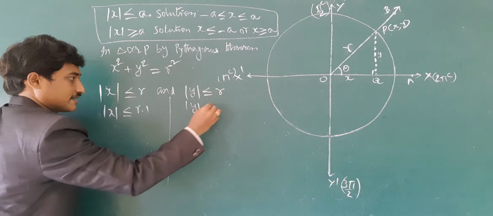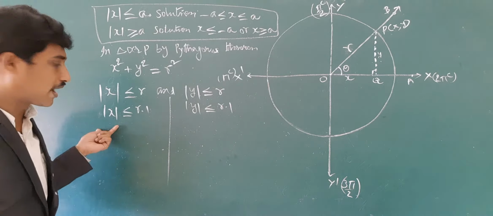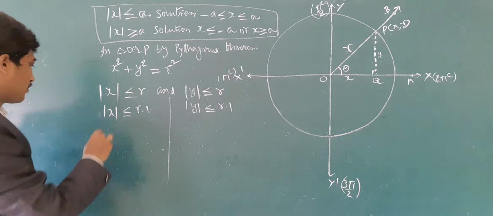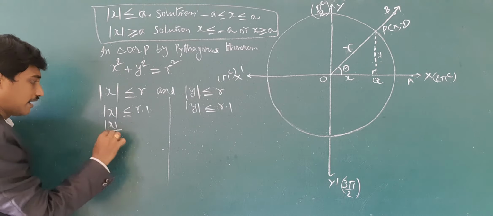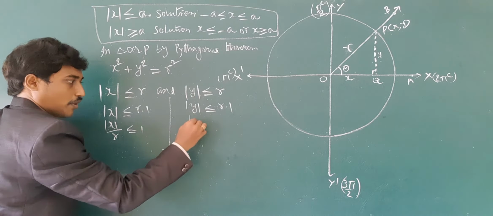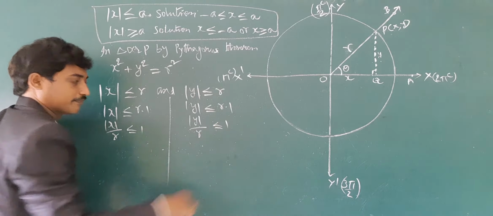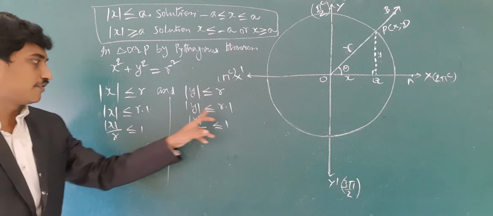Modulus y less than or equal to r, we can write as r into 1. If we divide with r, we get modulus x by r less than or equal to 1. Here also, if we divide with r, modulus y by r less than or equal to 1.